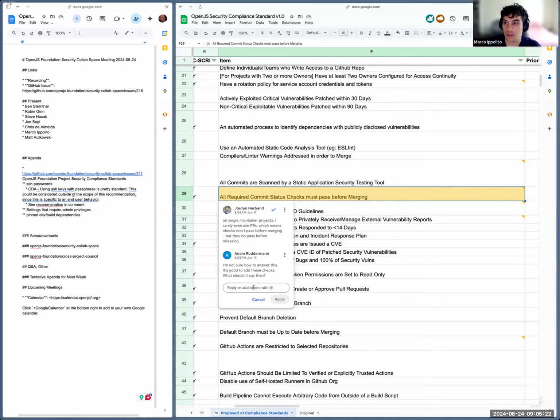Marco? Yeah, go ahead. Yeah, this check is actually useful for general purpose. For single maintainer projects it doesn't make much sense, but for multiple maintainer projects you don't want other maintainers to merge pull requests carelessly.